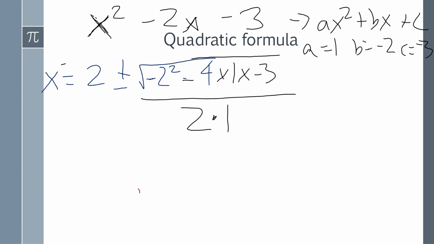Alright, so let's do it. So I told you, I'm working inside the parentheses, I mean the square root. So that's 4 minus, oh, that's actually 4 minus 12.